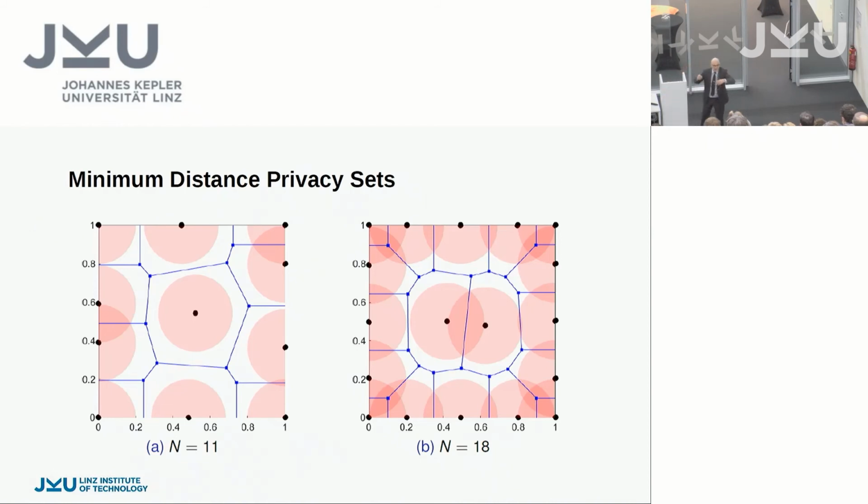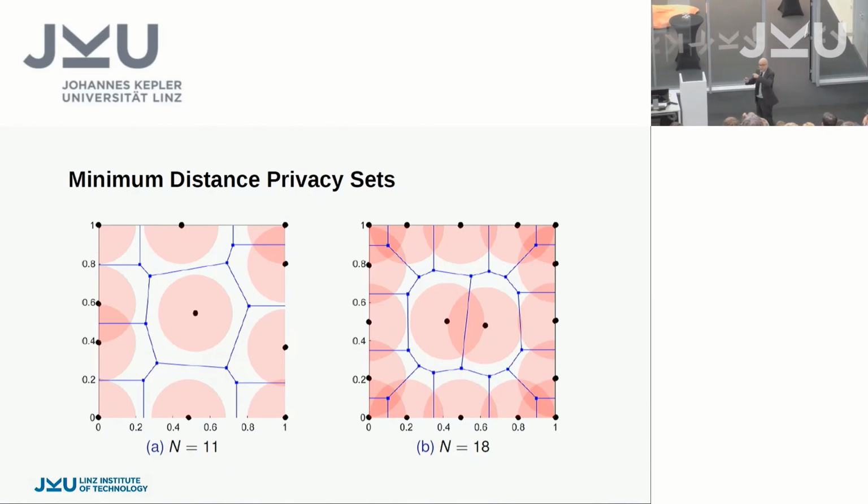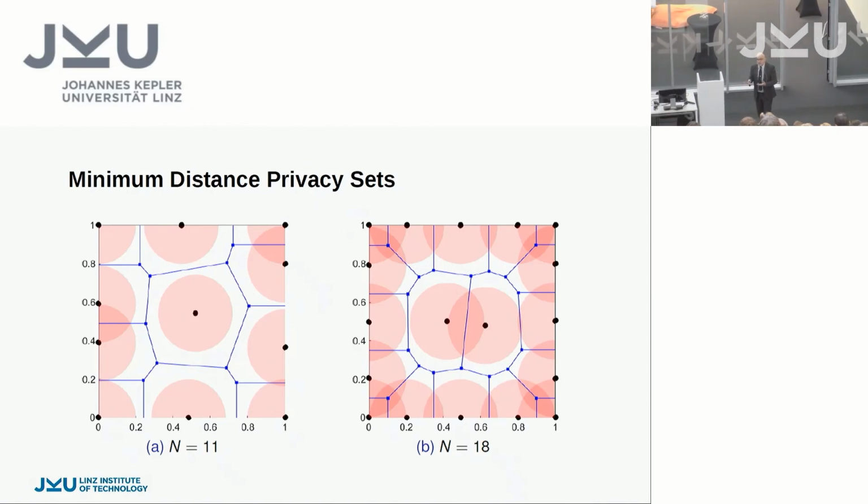So you're exchanging, the algorithm works like exchanging points from the candidate sets to the taken sets, and so on and so on. So you exchange, and you have this Voronoi tessellation, which gives you for each point the set of points that are closest to this point and no other.